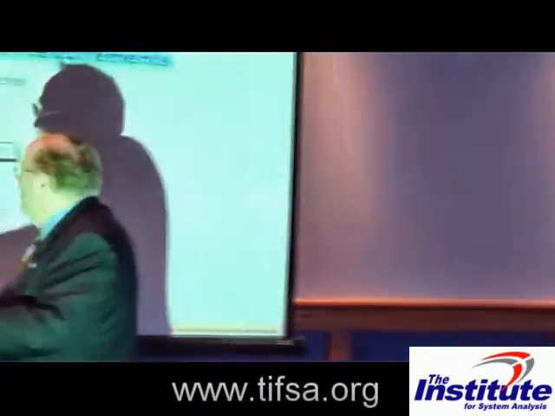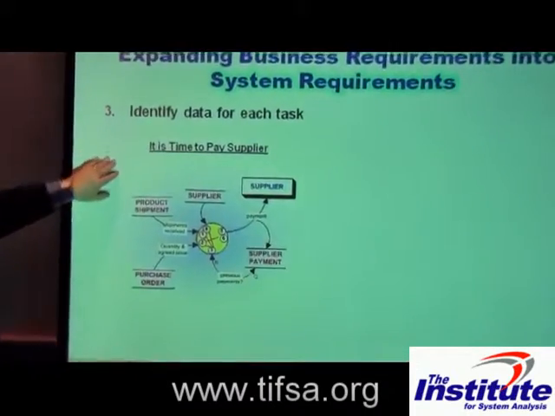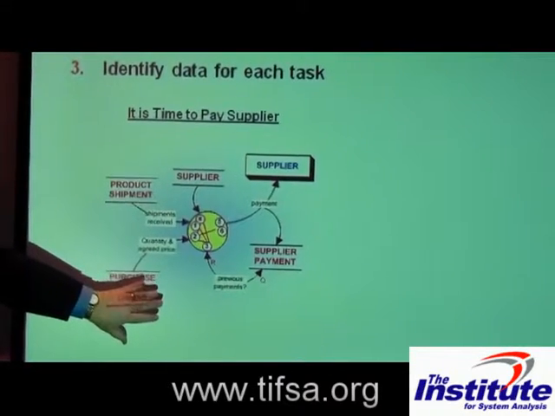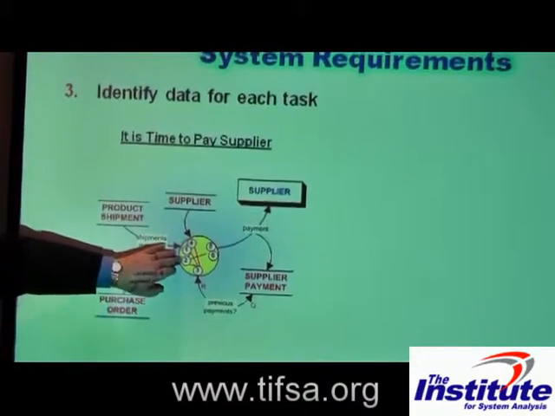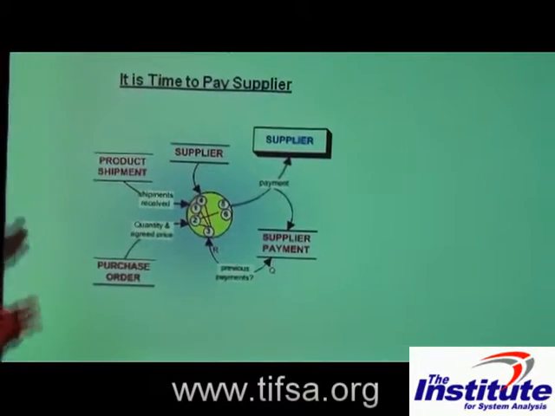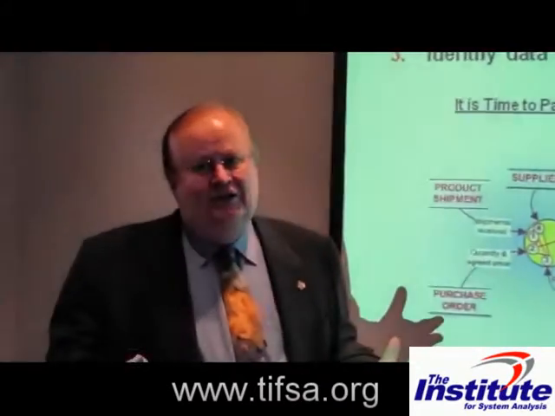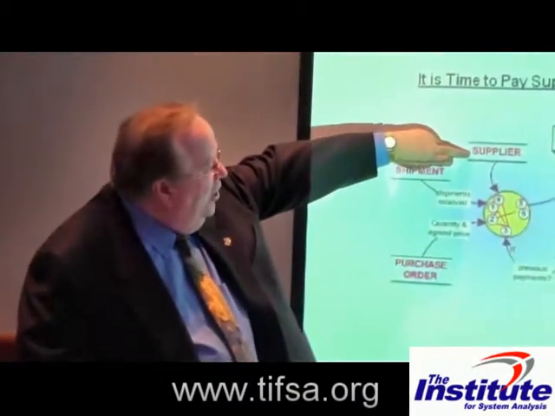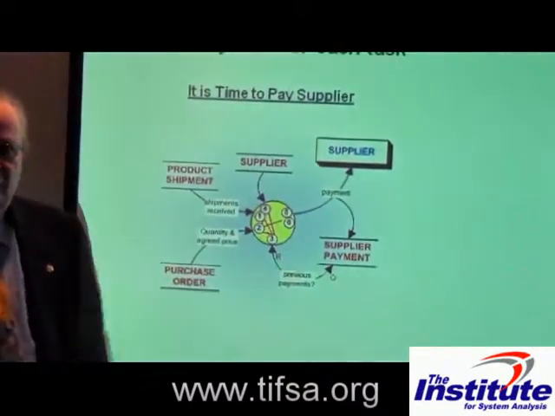The next step is to identify the data that's required for each of these tasks. You remember the tasks we identified. The designers are going to work with those to perhaps expand them, perhaps collapse them. But there's data that's needed for each of those. We've already done the essential work on that in analysis, not the detailed work. The designers get to do that, lucky for them. But we've done the essential work. We have the objects here, supplier and product shipment, purchase order, payment, and so forth.